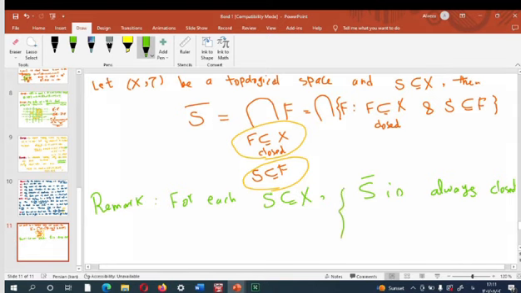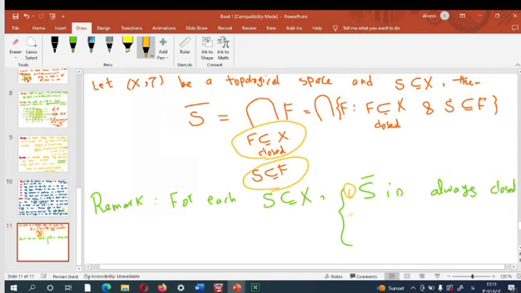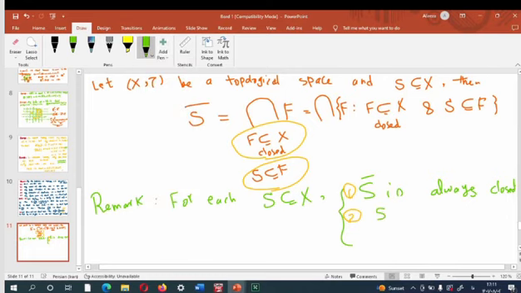S bar is closed, and so it is trivial that S bar contains S, because all of these F contain S, so their intersection must contain S. Okay, all of these contain S, so their intersection contains S.